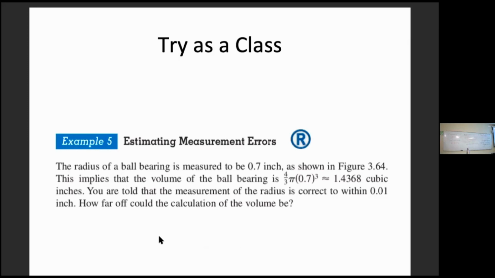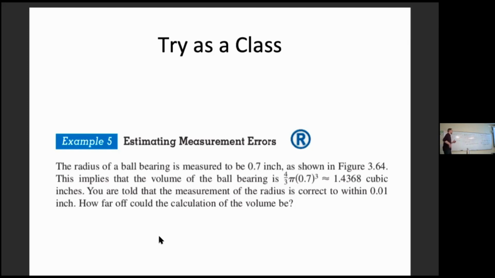So imagine you're an engineer, you're building a plane and you need a particular ball bearing. You know there's error in the measurements of your tools, right? No two rulers have the exact same error. One ruler might have an error of 0.3 centimeters, another one might have an error of 0.2 centimeters.